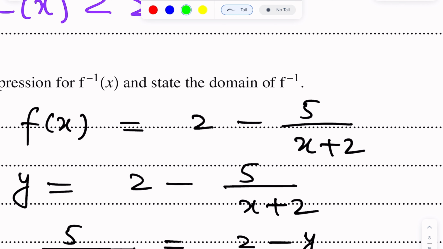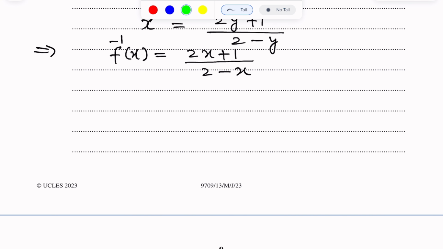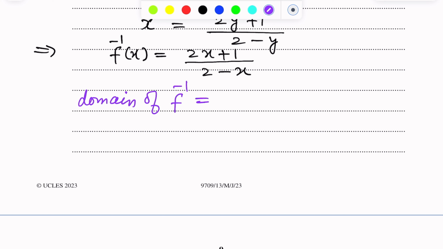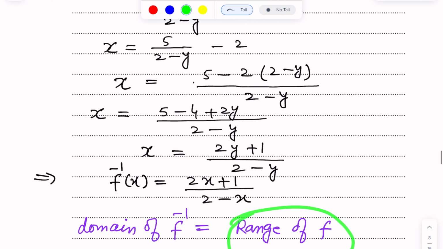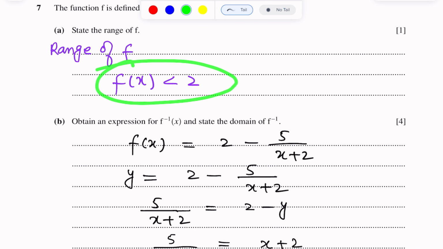Now we have to state the domain of f inverse of x. We know that the domain of f inverse is equal to the range of the function. The range of the function we have already found, that is f(x) < 2.